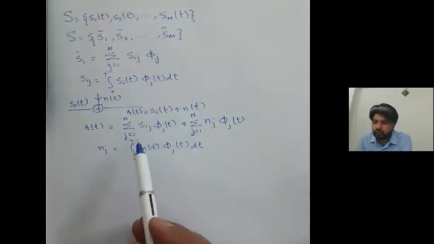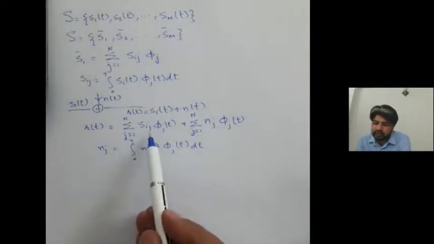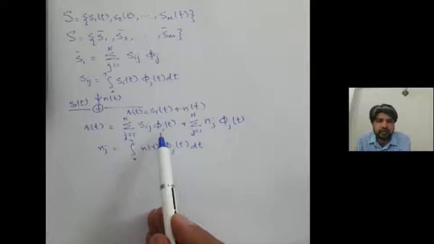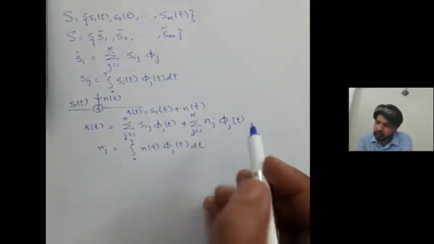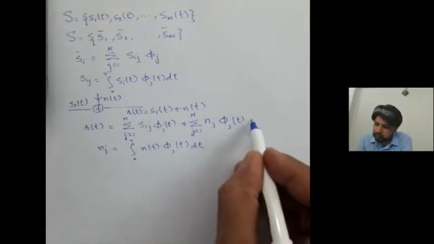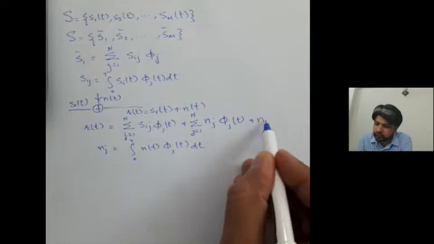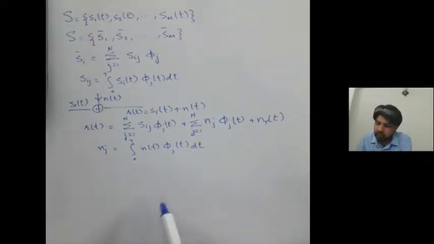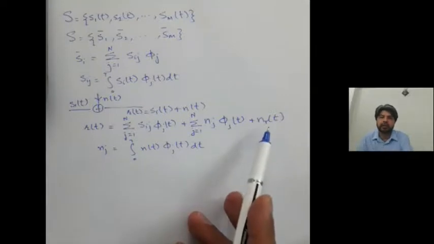We can assume that these basis functions span the set S, but it would be a very hard assumption if we assume that these basis functions also span the noise n of t. So for most of the cases, we allow something which is called nr of t, the remainder noise.